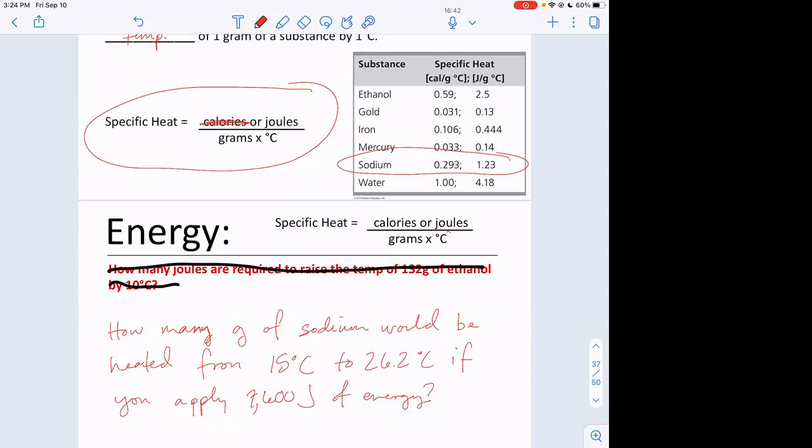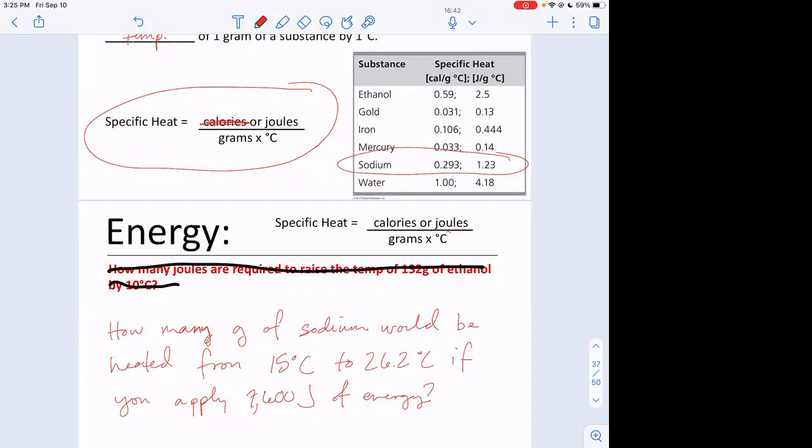They're labeled. Right, but how do you know if you need calories or joules? Whatever it asks. There's got to be something in the problem that has calories or joules in it that lets you know which specific heat you need. So I'm using joules for my energy term, and I'm going to pick the specific heat that has joules in it.